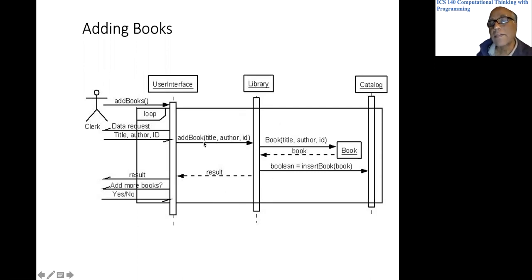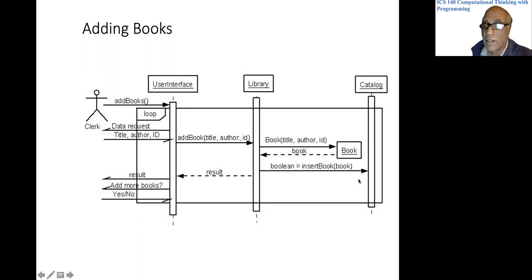The other thing is, as you create more and more use cases, you will start seeing that a single class like the library would have many methods. So you will gather all these methods and then put them into the class diagram for library.